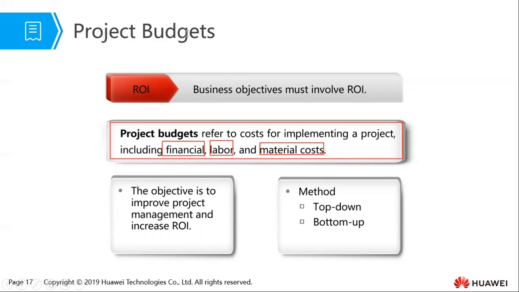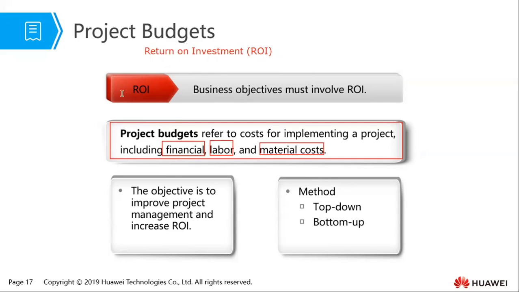Now, the business objectives that we've just looked at must involve what we call the return on investment, ROI. So from this investment that we are making, we should be able to get the same value from that particular project and more.